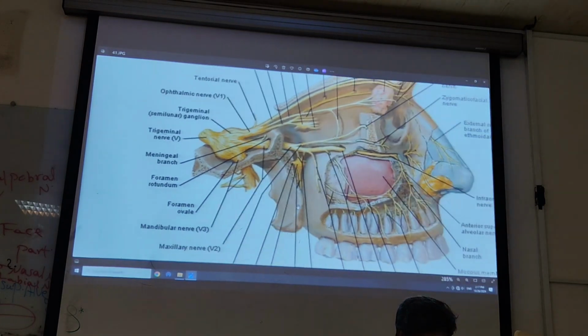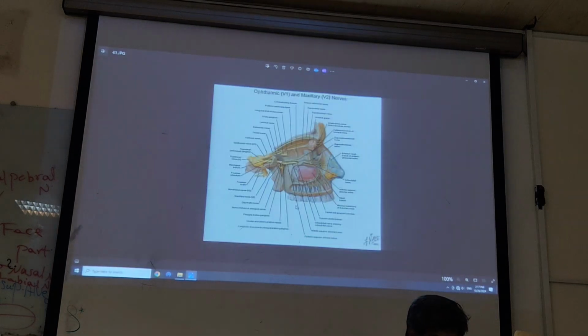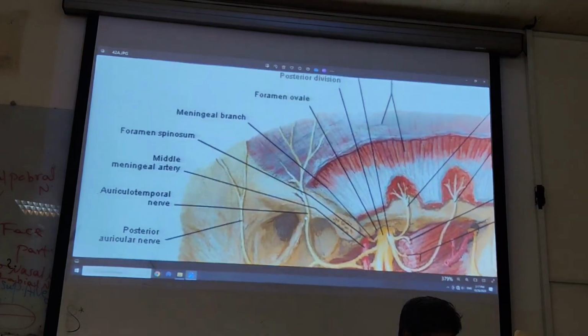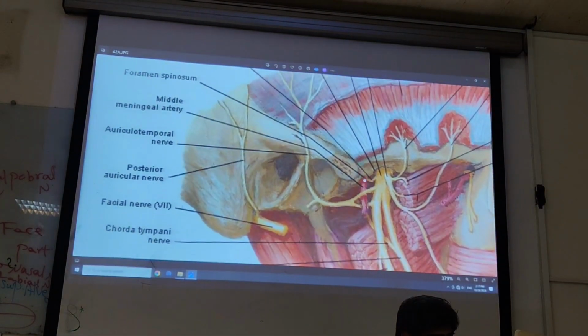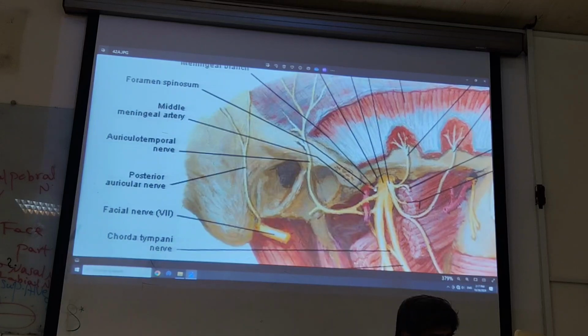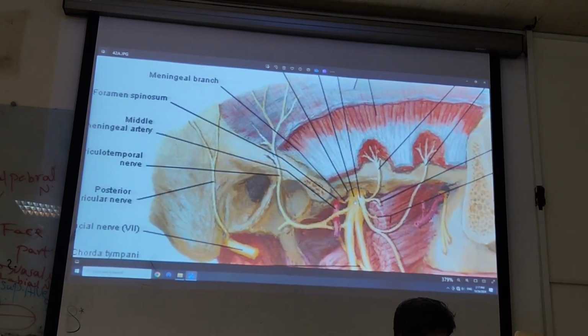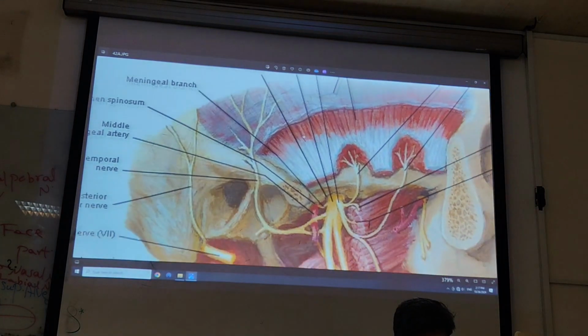The mandibular nerve exits the foramen ovale, with branches: the meningeal branch, and another branch, anterior division and posterior division.